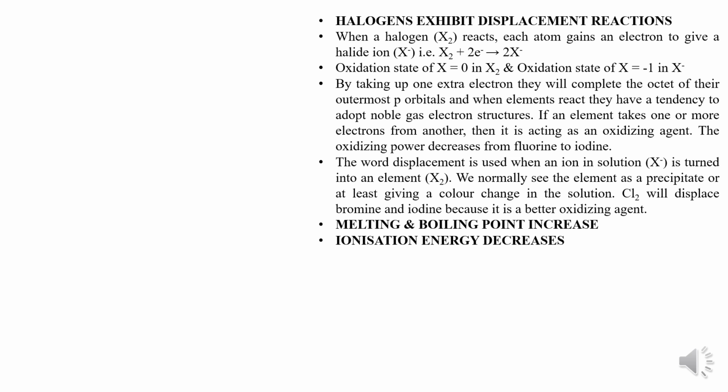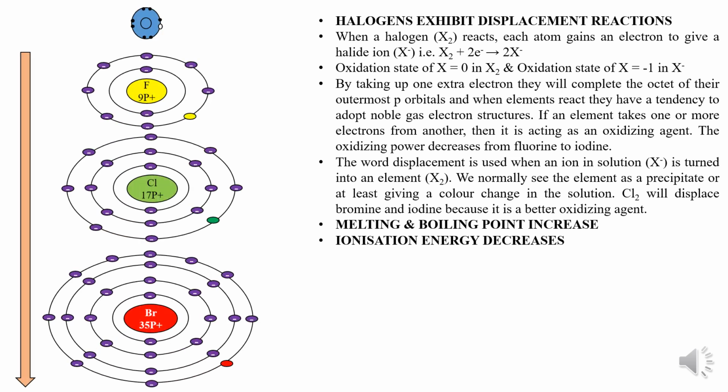Now a little bit more about the displacement reactions. Halogens exhibit displacement reactions. Let us try and understand the mechanism involved in displacement reactions with the help of electronic structures of fluorine, chlorine, bromine and iodine.